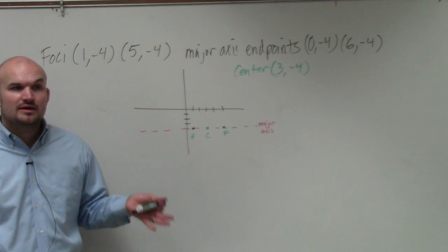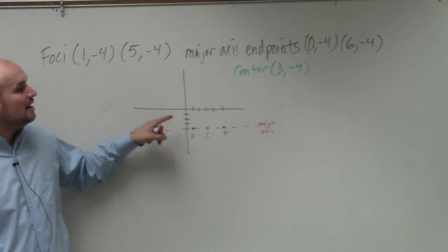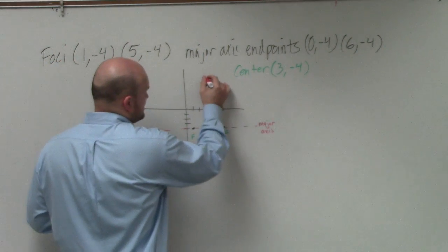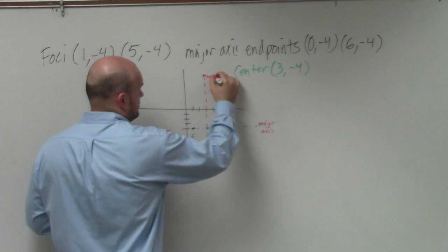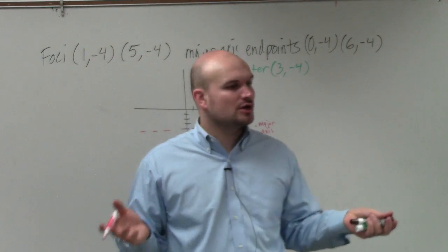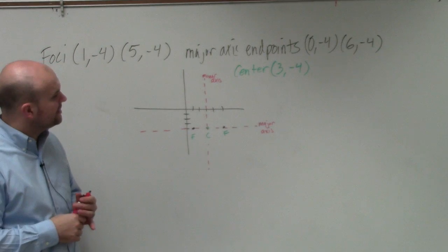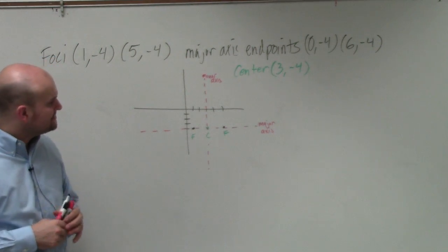Not only do my vertices lie on this, but my minor axis is going to be perpendicular, and that's where my co-vertices are going to lie. That's going to be our b, so that will be helpful for us to identify what b is.